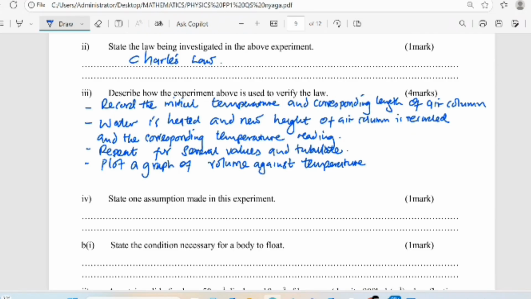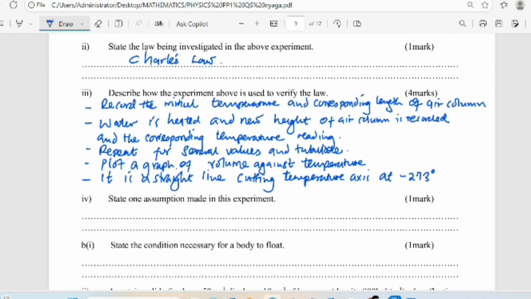Our expectation will be a straight line. It is a straight line that cuts the temperature axis at negative 273 degrees.